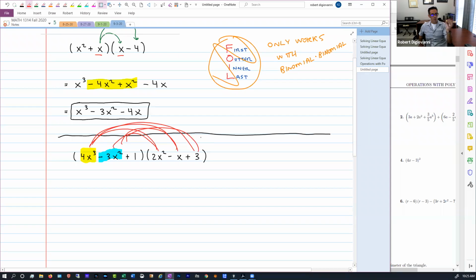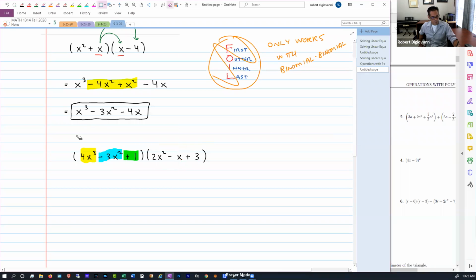So I'm going to have three more things. And then I'm going to go to my last piece here, the last monomial, and I will pass that through those three. So I'm going to have a total of 9 multiplications here. Make sense? All right, let's do it. Let me see if I can erase this without erasing my.